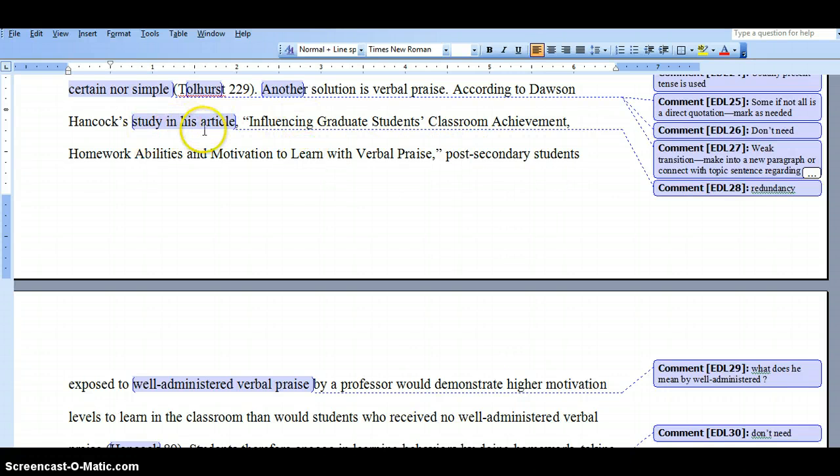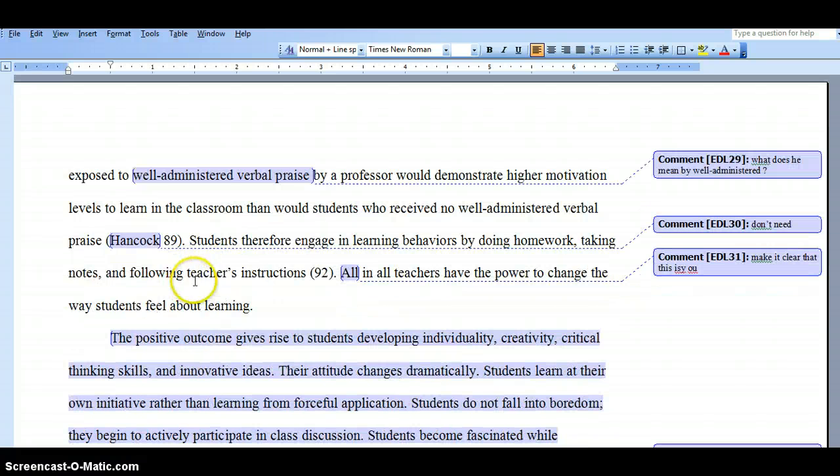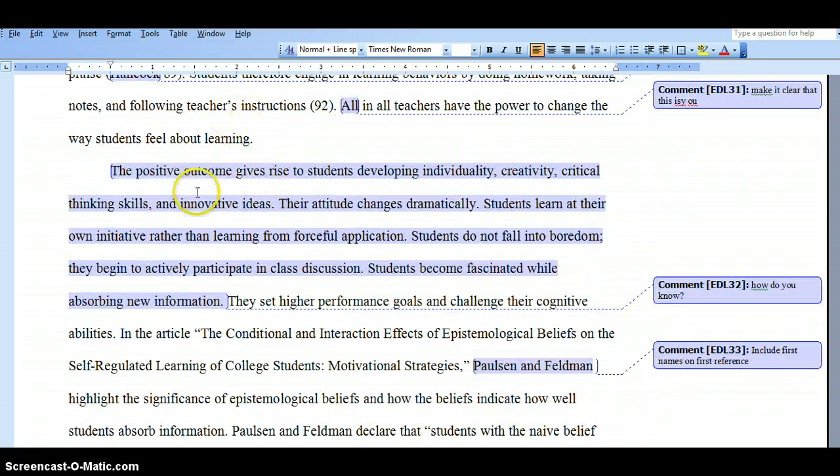So this is just redundant there. Again, a matter of, does your reader know what you're talking about here? And since you include the name in the lead-in, you don't need it in the parenthetical citation. And again, is this you? Is this the source? We don't know.